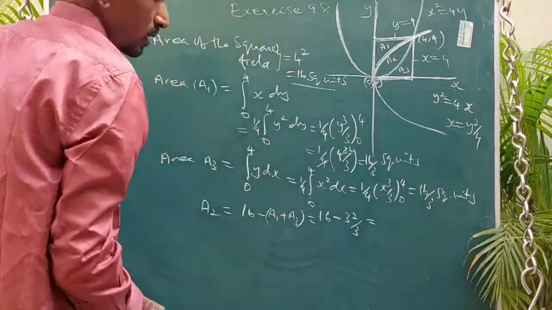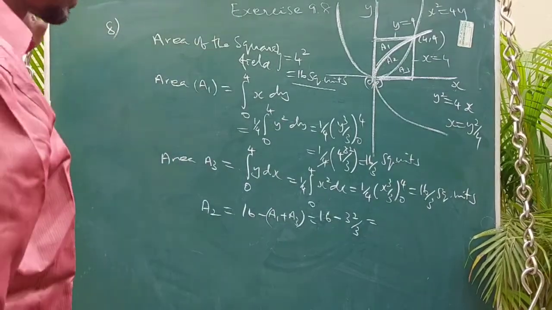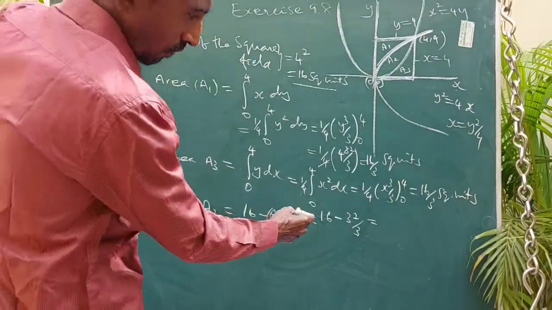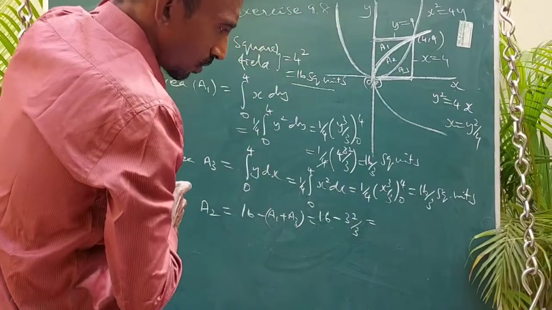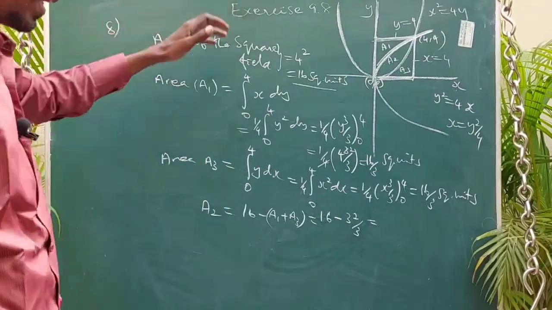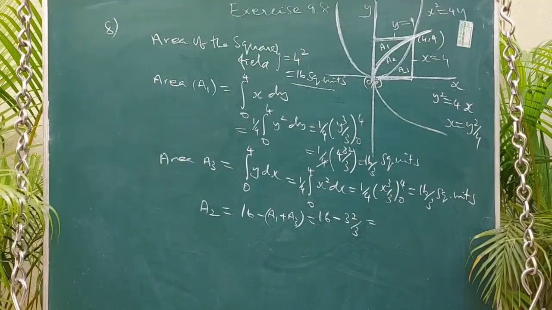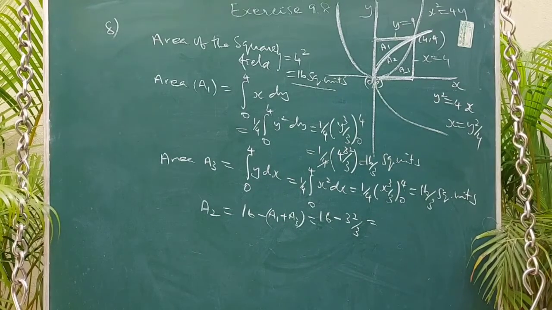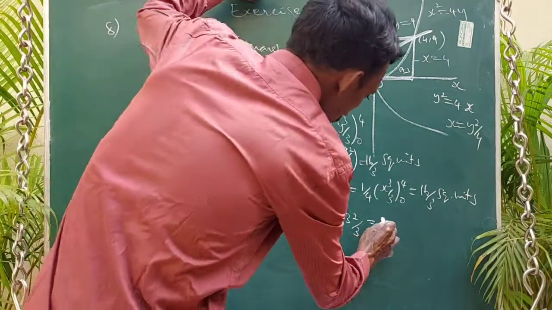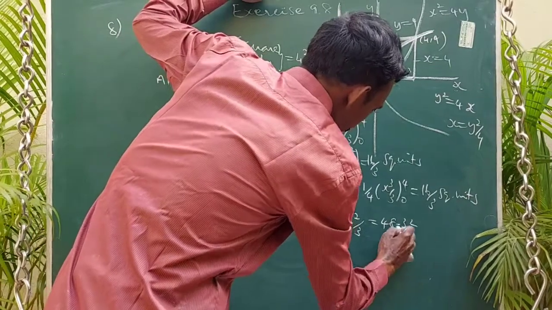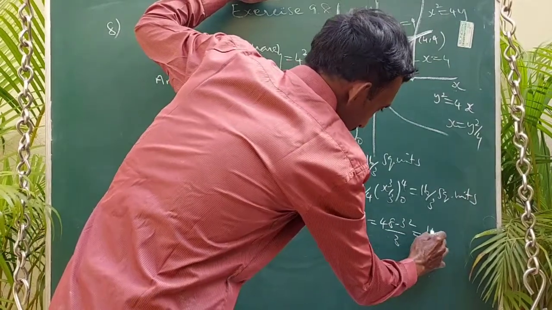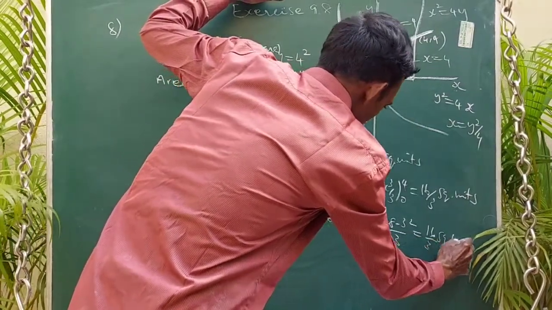So 16 minus 32 by 3, take the LCM. So here 48 minus 32 by 3. So again 16 by 3 square units.